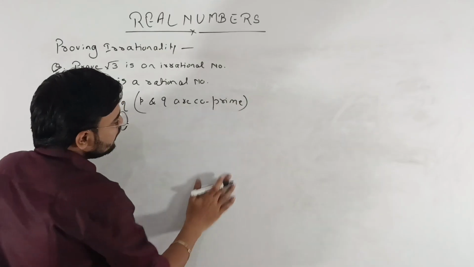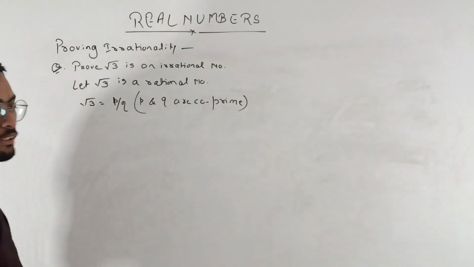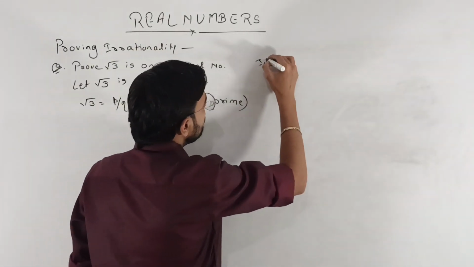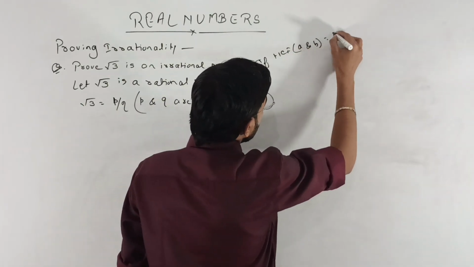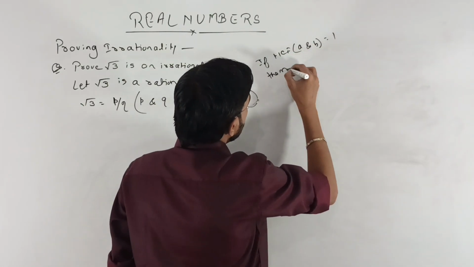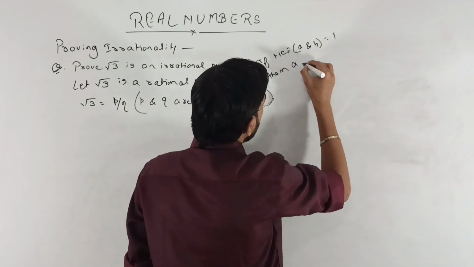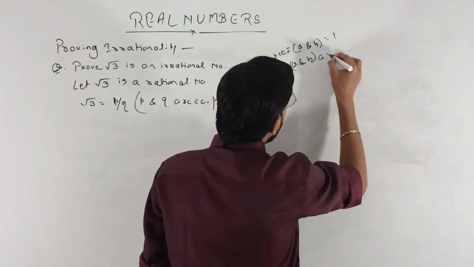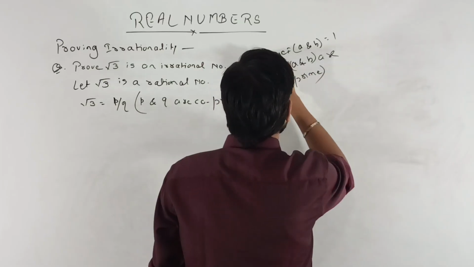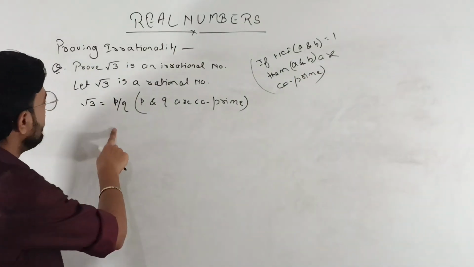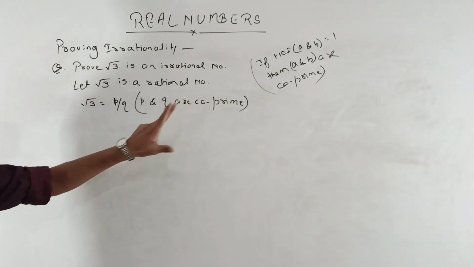Co-prime means if the HCF of two numbers, suppose a and b, equals 1, then we say a and b are co-prime. Understood? Now look, root 3 is equal to p upon q, where p and q are co-prime.